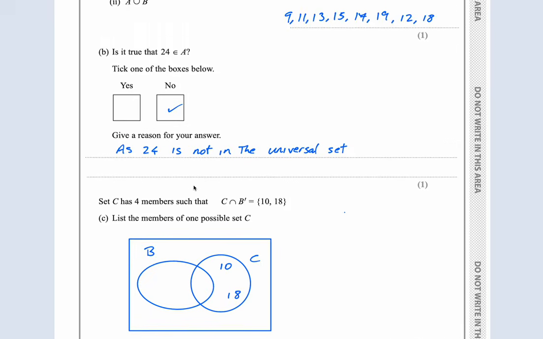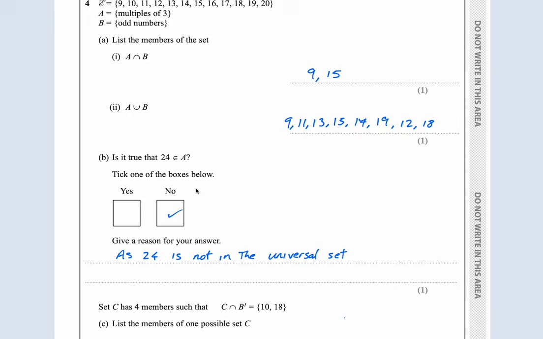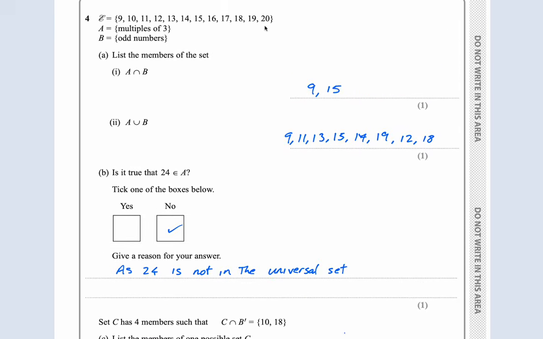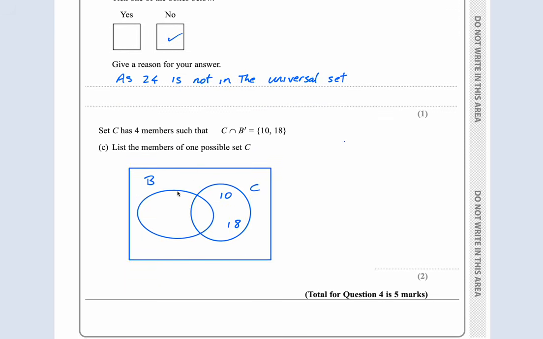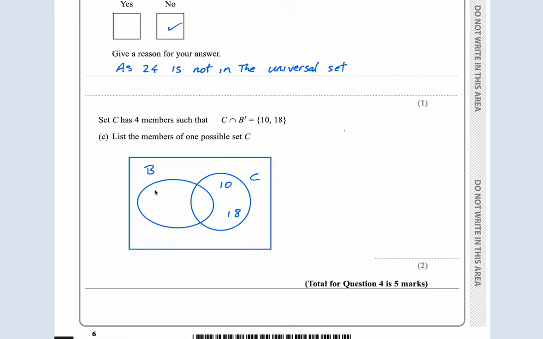Now B is all the odd numbers, and we're just going from 9 to 20. So B is 9, 11, 13, 15, 17, and 19. But C has 4 members.